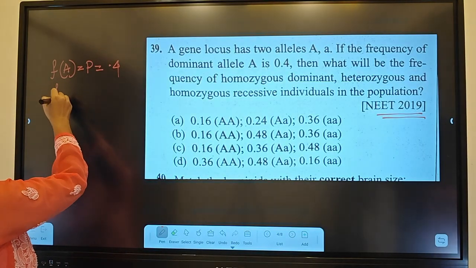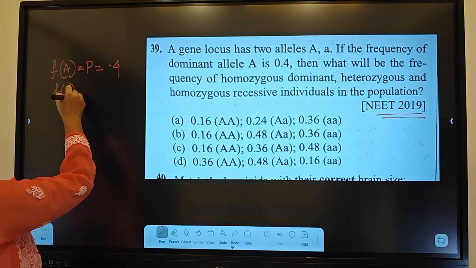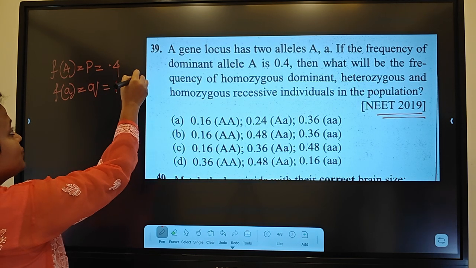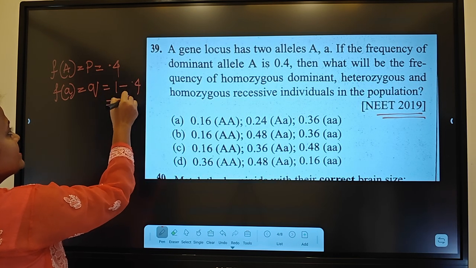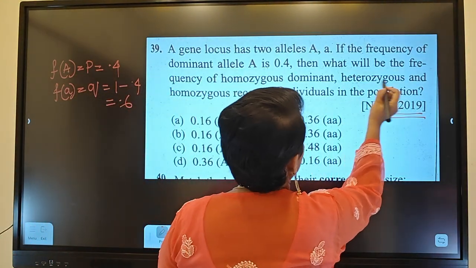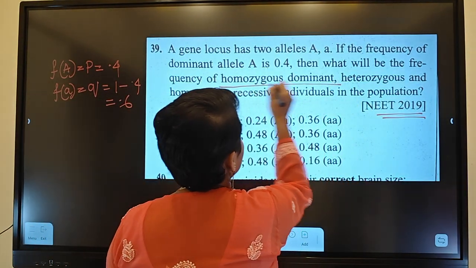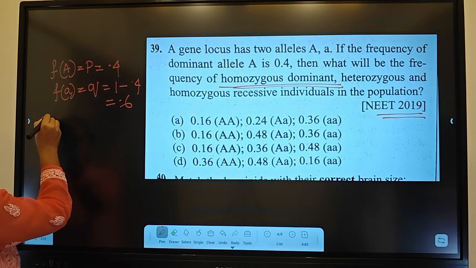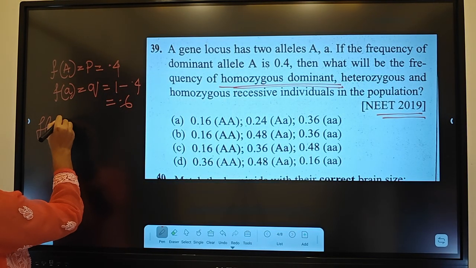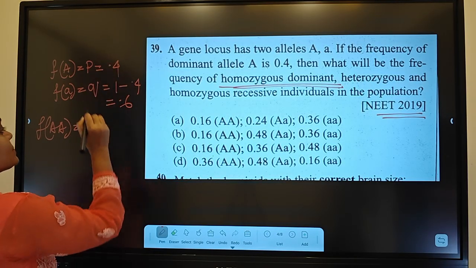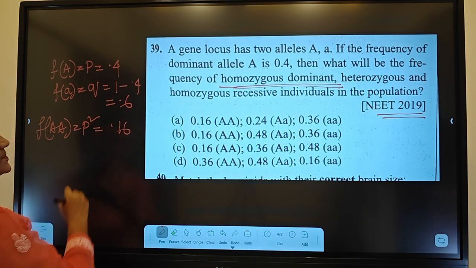So frequency of small a, means q equals 1 minus 0.4, that will be 0.6. Now they are asking about homozygous dominant. Homozygous dominant means frequency of capital A capital A. We know it is p square. So it will be 0.4 square, means 0.16.